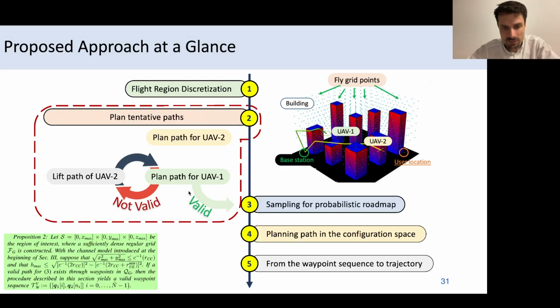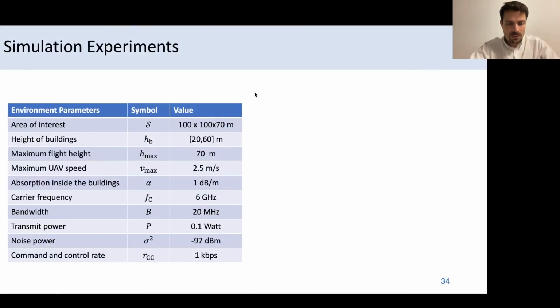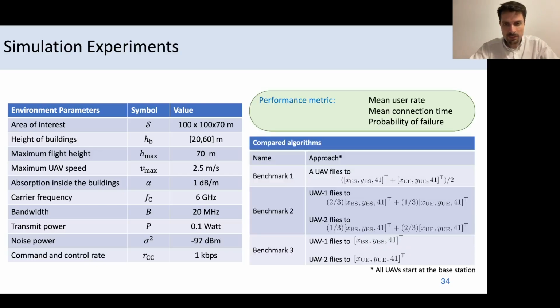It is possible to obtain such a path for UAV1, and that results in a valid path. I don't have time for more details regarding the heuristic algorithm. Now let us show some experiments.